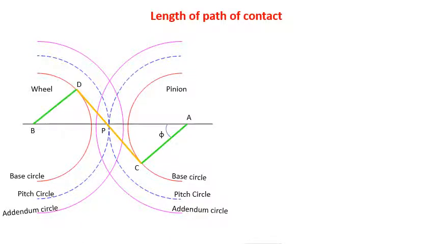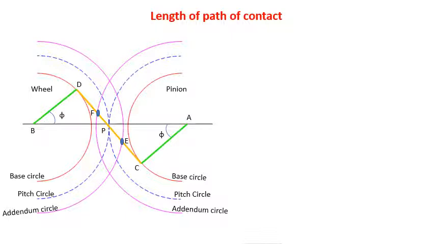Similarly, from point B I am going to draw a line to point D, and the respective angle is phi. Okay, then we have to mark these points as E and F, because this is the line of action.